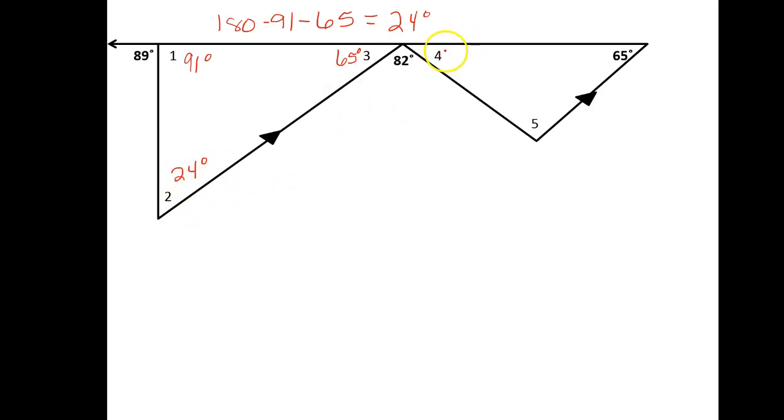All right, let's go to angle 4. If you look, these three angles should add up to equal 180, right? Because you still have a straight line, and the measure of a straight angle is 180 degrees. So you would say 180 minus 65 minus 82, and that should give you 33 degrees.